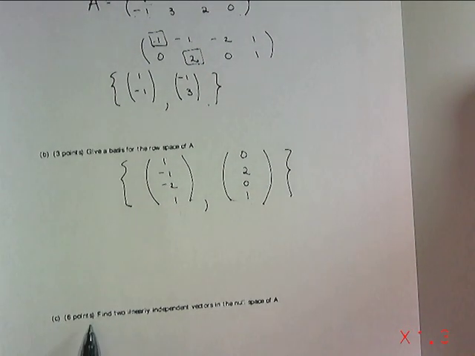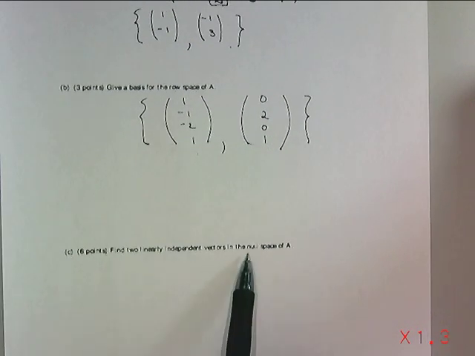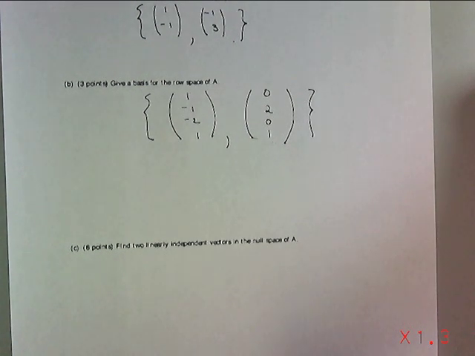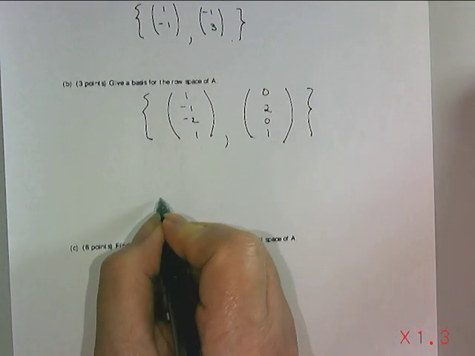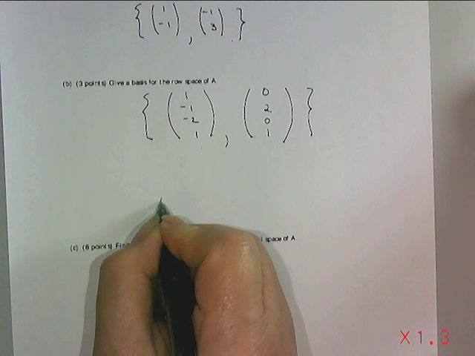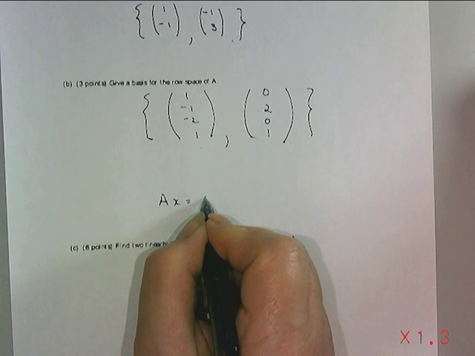Okay, now what we want to do is to figure out the null space of A. Now what is the null space? First of all, it's the set of x's such that Ax is equal to the 0 vector.